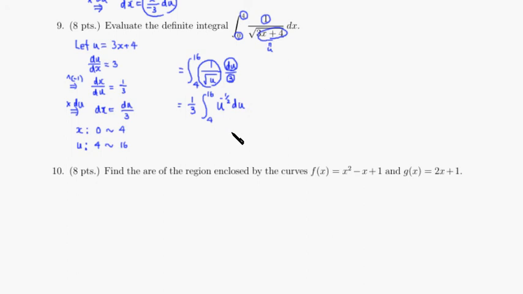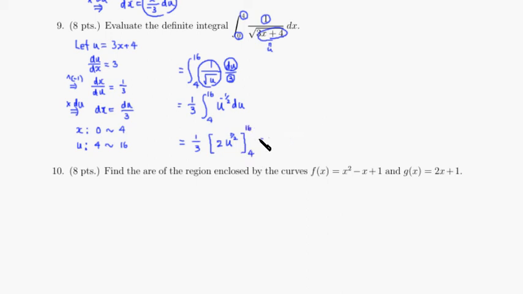Then all you have to do is use the power rule and the fundamental theorem of calculus to evaluate it. So 1/3 is in front. The antiderivative of u to the negative 1/2: add 1 to the power, so negative 1/2 plus 1 is 1/2. Dividing by 1/2 is the same thing as multiplying by 2. And this goes from 4 to 16.